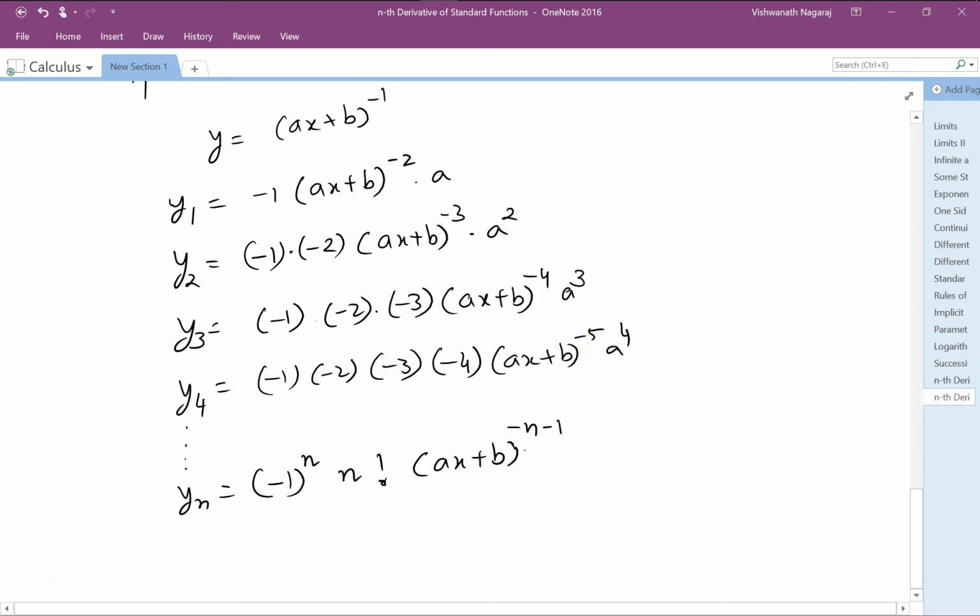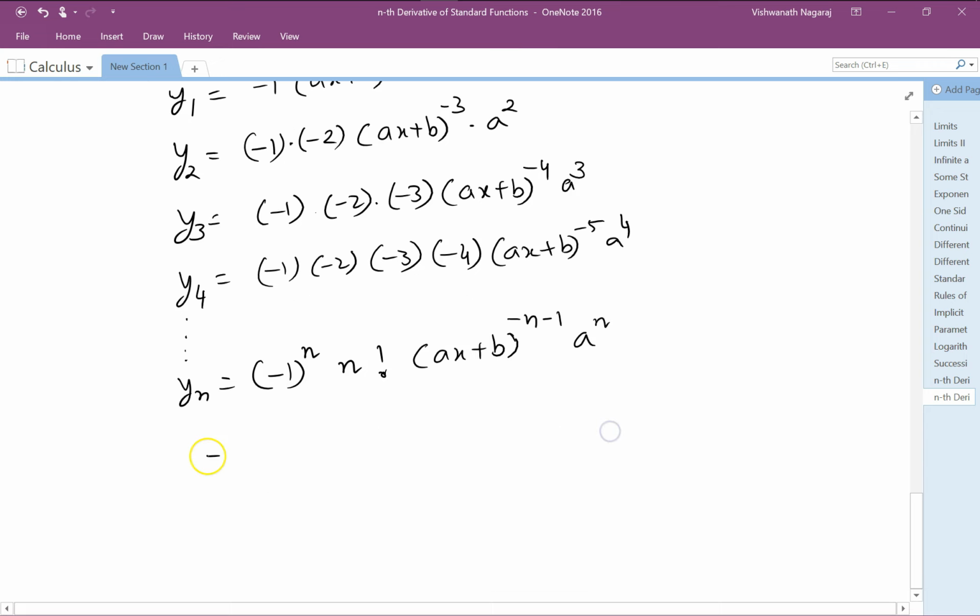So if it is the fourth derivative, it will be minus 4 minus 1, that is minus 5. a to the power of n. Now this becomes minus 1 to the power of n, n factorial, a to the power of n, and this we can take minus out so that this becomes plus and the whole thing goes out, minus. So which means we can take it to the denominator, (ax plus b) to the power of n plus 1.